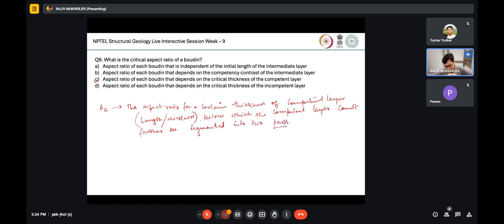So this is the definition of critical aspect ratio.